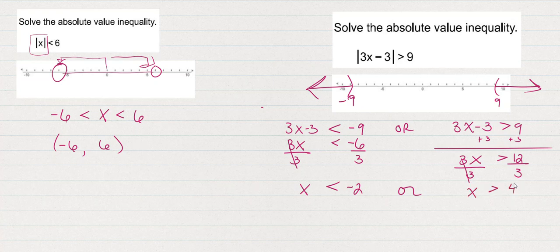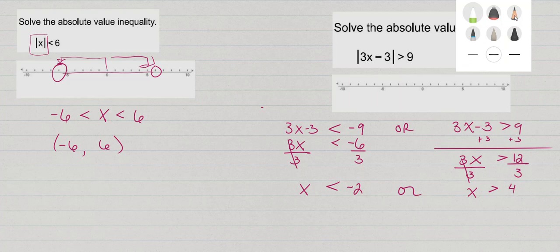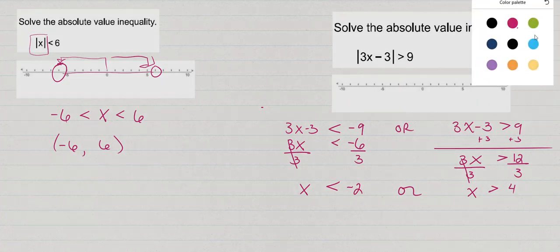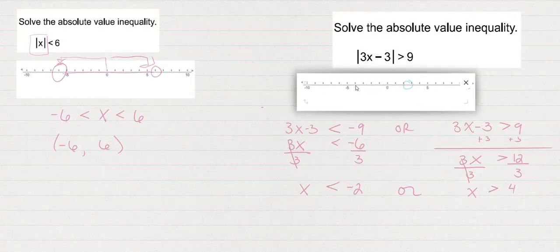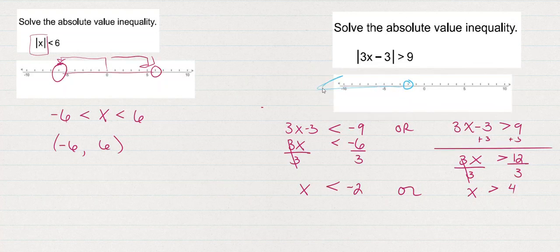Now, when I look at the number line, again, I'm going to repurpose this number line and put in these two pieces here. I'm going to say x is less than -2. So that's starting here at -2 and going to the left, out to -infinity.